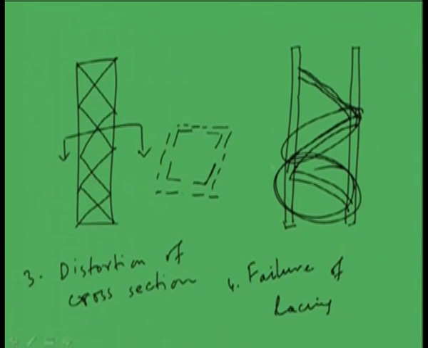What we have seen: one is failure as a whole, another is distortion of the cross section, another is failure of the main component, and then failure of the lacing bar. So, when we go for designing, we have to take care of all this. Now, here we will focus on the design aspects of lacing members, means how we are going to design.